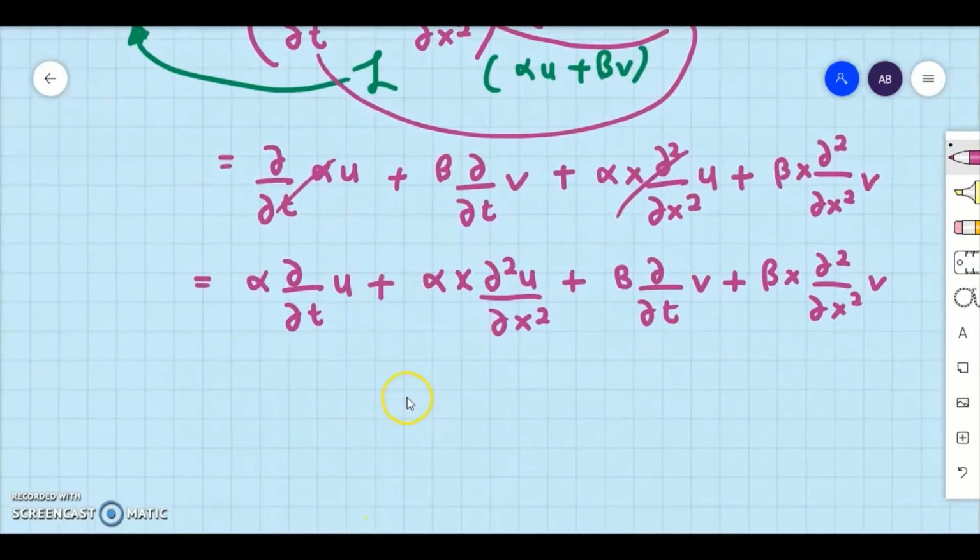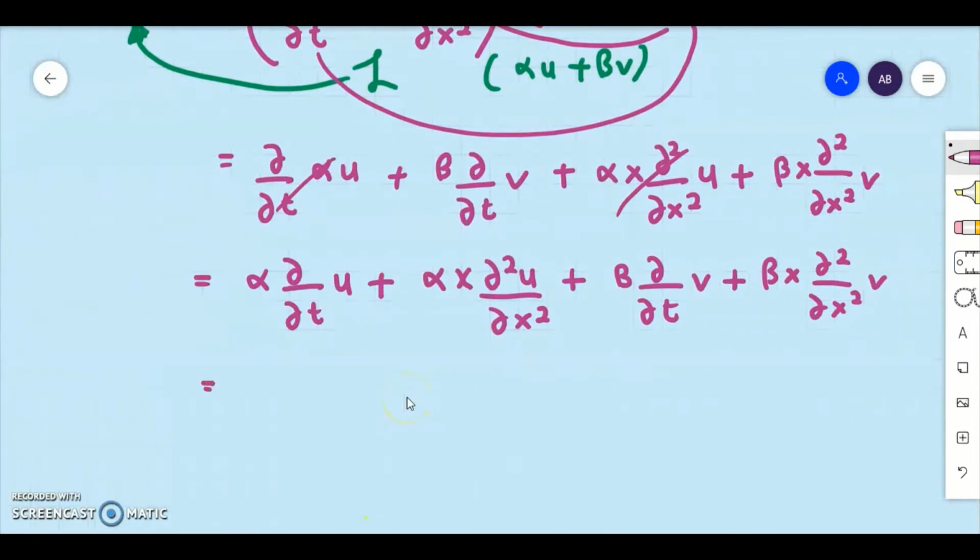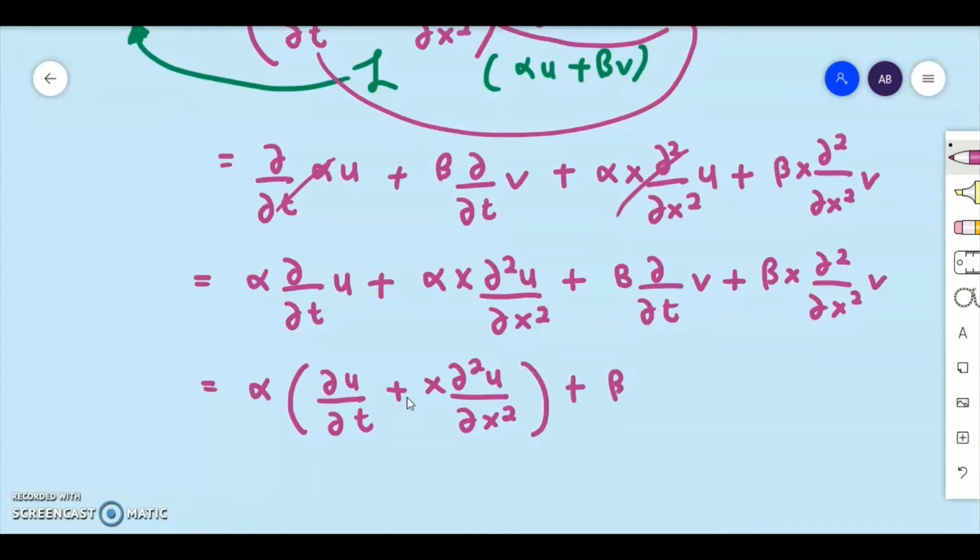Now factorizing, I take out the alpha here. I have partial u over partial t plus x partial squared u over partial x squared, plus beta times partial v over partial t plus x partial squared v over partial x squared. Now look at this term here.